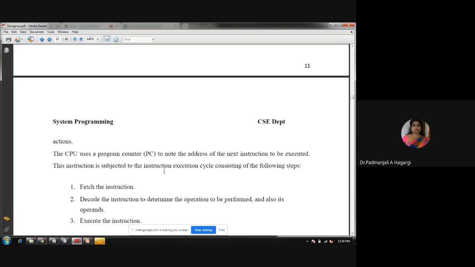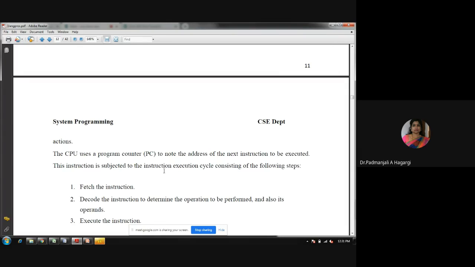Now further, in a computer system, it takes this assembly language or target language and does the mapping with the different executable files. Mapping in the sense it goes for linking, because this assembler acts as a translator.